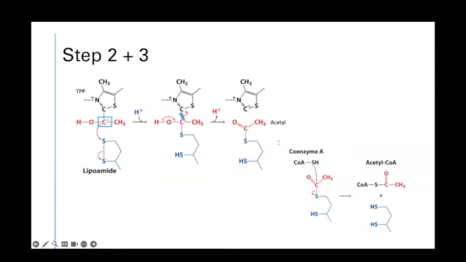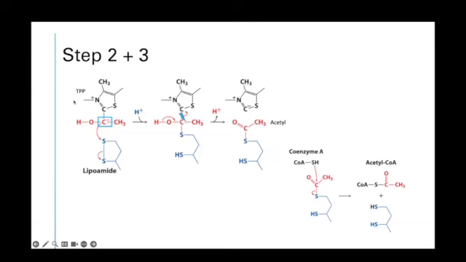In the next step, enzyme 2 uses a lipoamide cofactor. It acts as the acceptor of the hydroxyethyl group that we just saw in enzyme 1. The lipoamide group is a lipoic acid bonded to a lysine residue in enzyme 2, and it has a disulfide bond, as we can see right here.